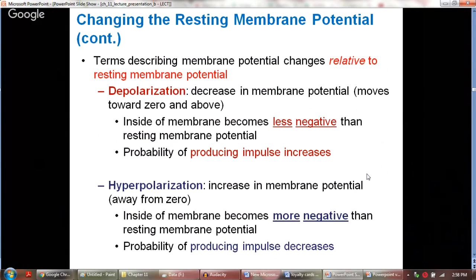There are certain terms you need to understand related to the resting membrane potential, as well as for any description of membrane potential. These terms are used relative to the resting membrane potential. The first one is depolarization, that is, a decrease in membrane potential.